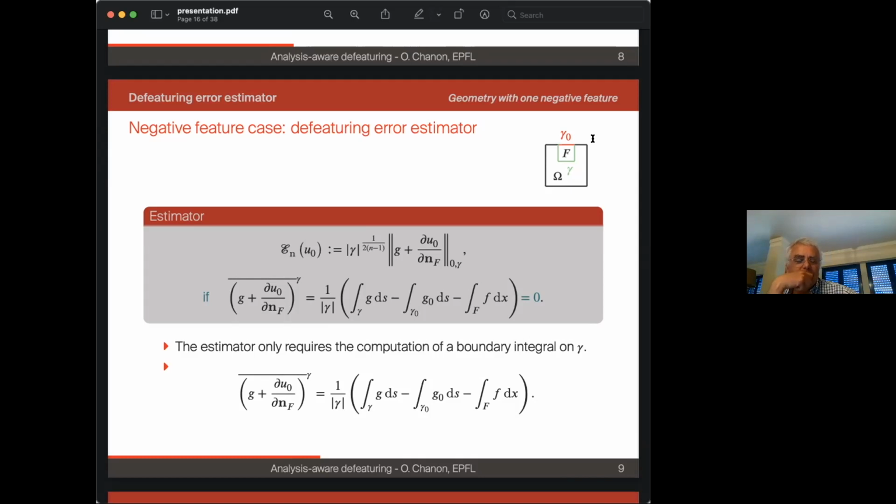Actually, at the end of the day, what we really observe is that the defeaturing error is really concentrated on those boundaries that appear or disappear because of defeaturing. And then it is enough to look at the fluxes around there to be able to estimate the error. I think about solids. If you have two holes which are close together, you cannot analyze them independently.